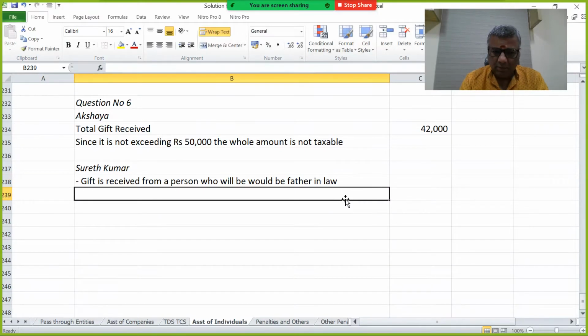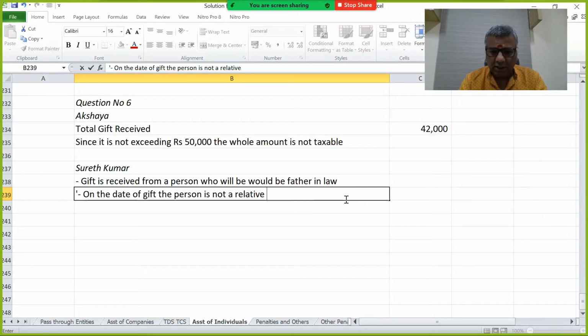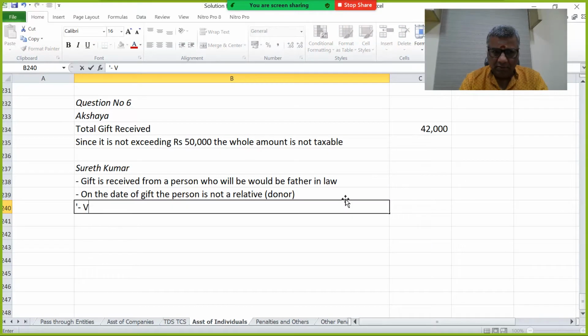On the date of gift, the donor is not a relative, and the value of gift exceeds rupees 50,000.